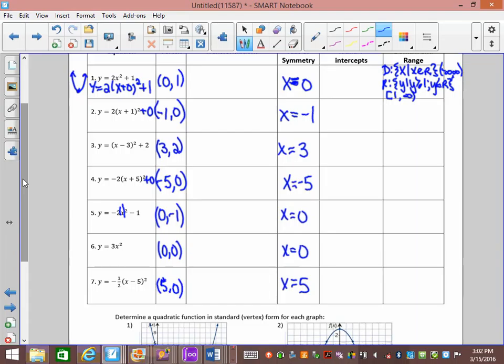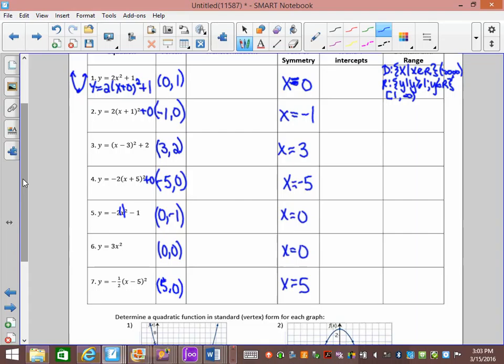Is it concave up or concave down? It's concave up because we have a positive a value in front, right? Anyways. So is there a minimum value or a maximum value? Minimum value. What is the lowest value? 0, right? It's right here. So the minimum value is 0. Okay? So we're going to say y is what 0?